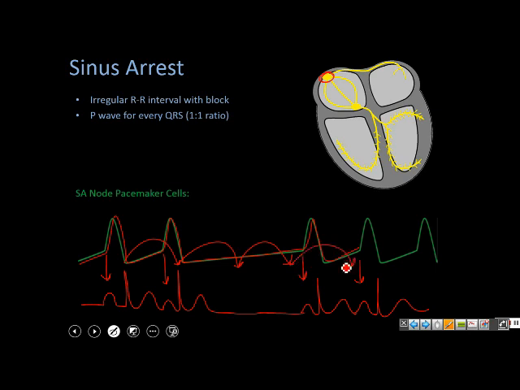And the rest should map out. But that's not what we find in sinus arrest. The pause here between R to Rs is of an indefinite length. It's not a multiple of R to Rs. It's not like there's just one complex missing. It's just an indefinite length.